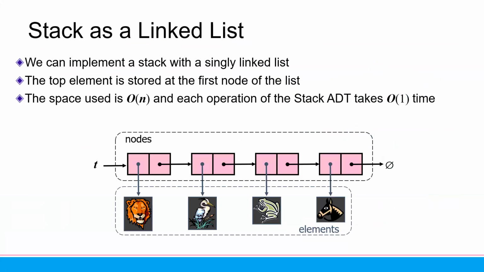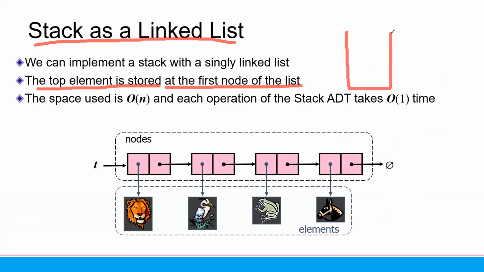So that's why we can combine the linked list with other data structures. For example, we can apply a stack. So when we apply the stack as a linked list, we want to save the top element. The top element is stored at the first node of the list. So you know the stack. It means the top element is the first node.